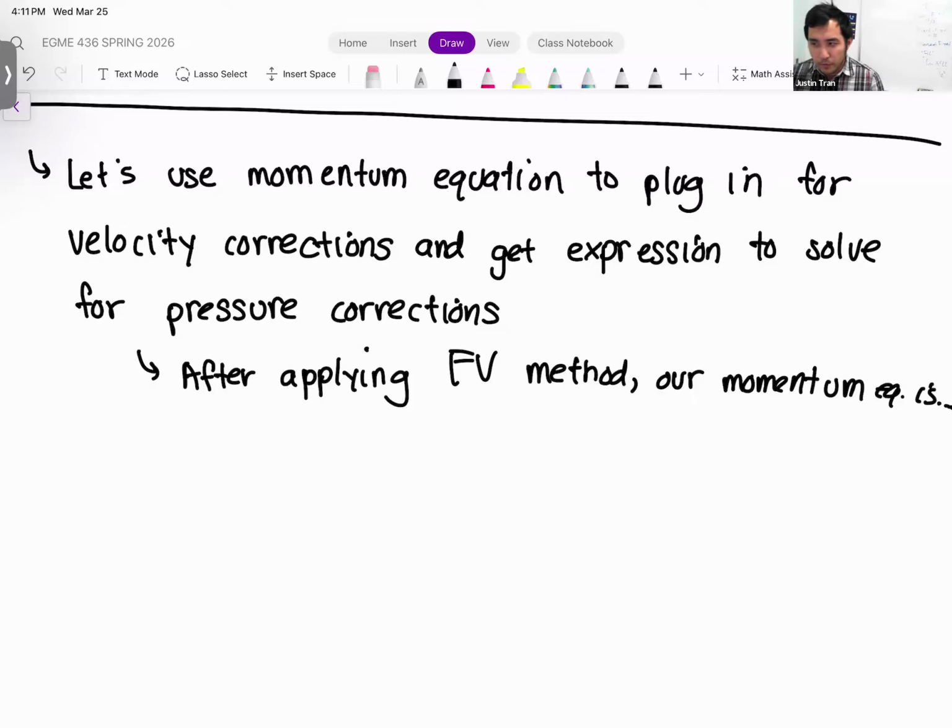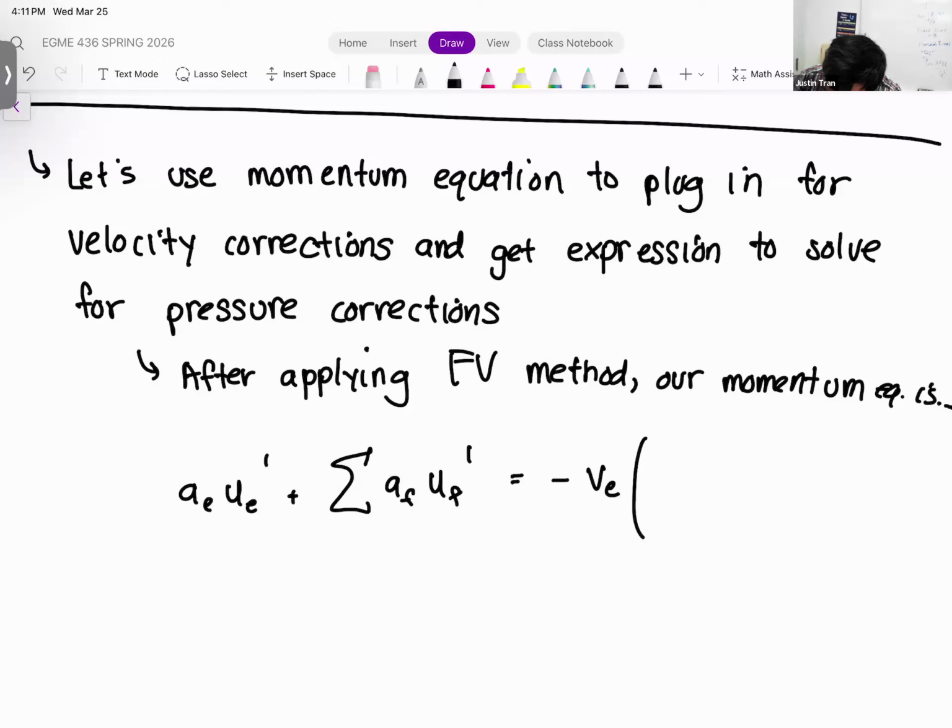We had this simplified form last time. The only difference now is that I'm going to apply the same finite volume method to our velocity corrections. Doing so, we get AE multiplied by UE prime plus the summation of AF UF prime is equal to minus VE partial P partial X prime.